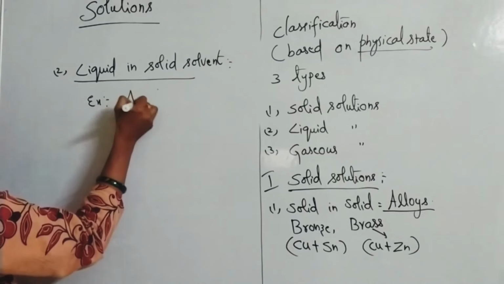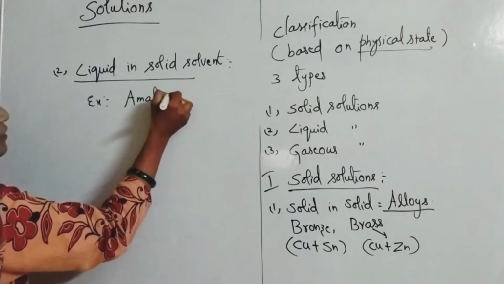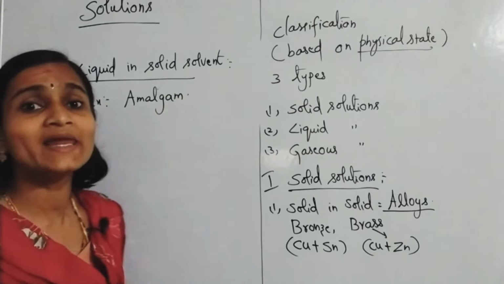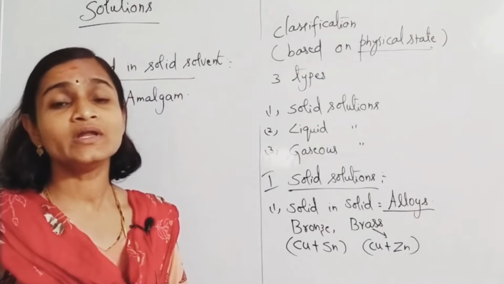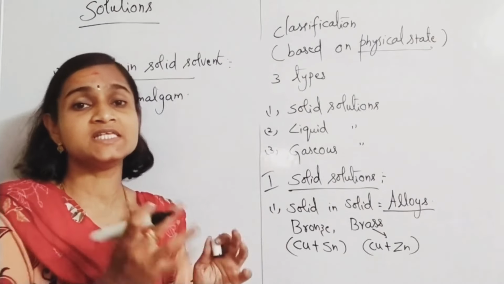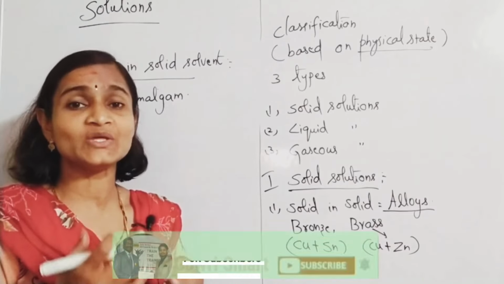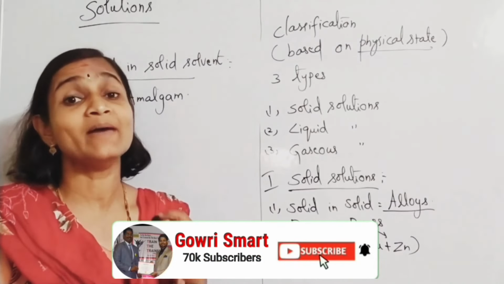Example is amalgam. You know what amalgams are? Generally we say a coating of mercury over a zinc plate or over a solid metal. If there is a coating of mercury, then you call it what? Amalgam.